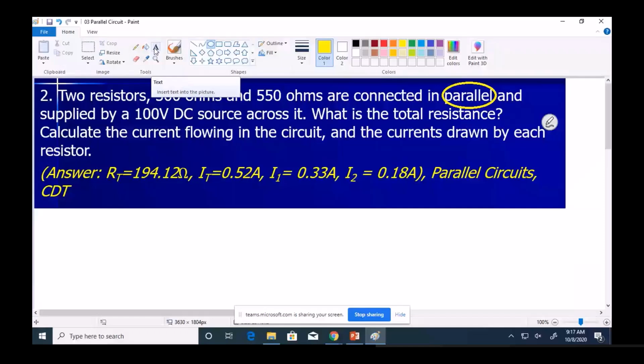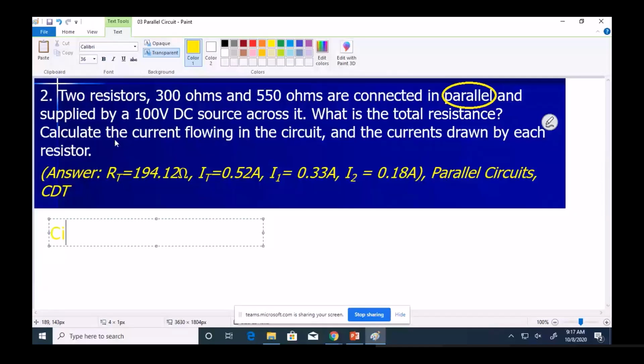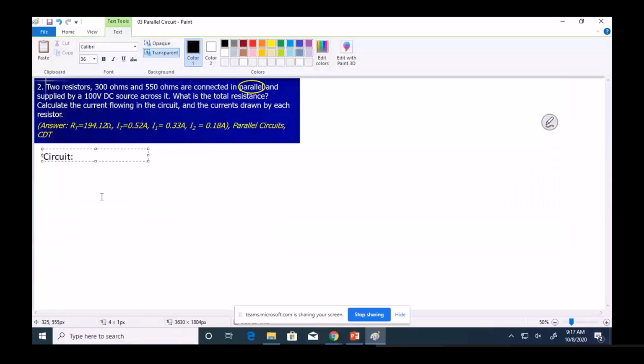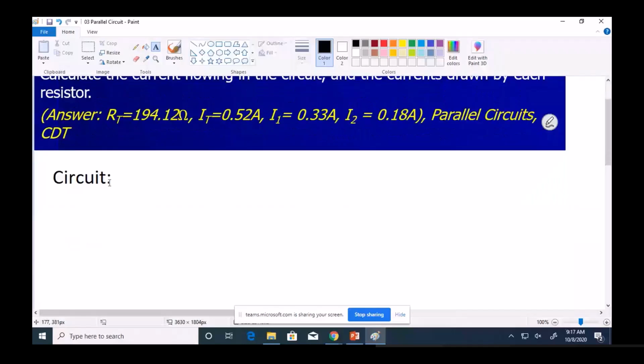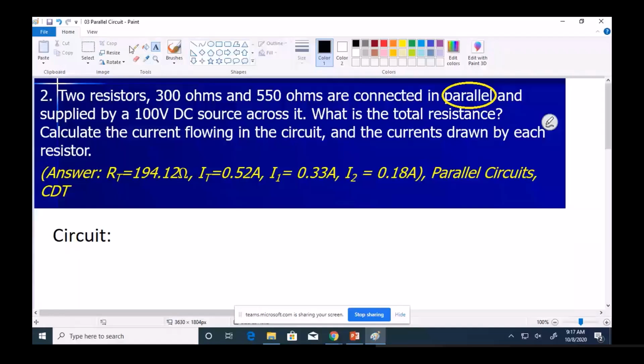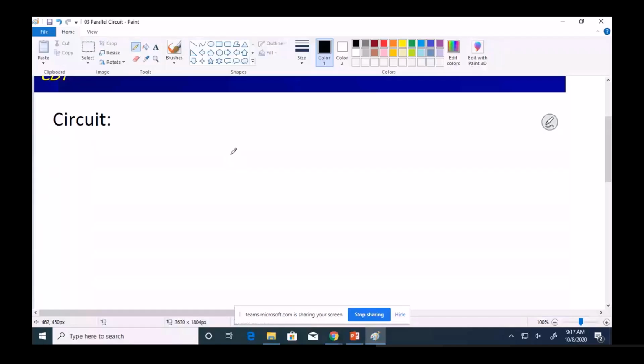You have to prepare or work on the circuit. Now let us draw the parallel combination, only two.